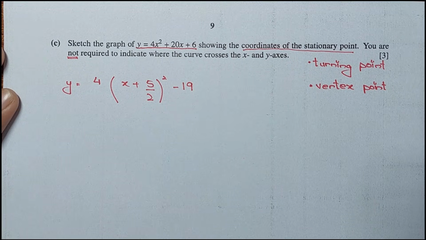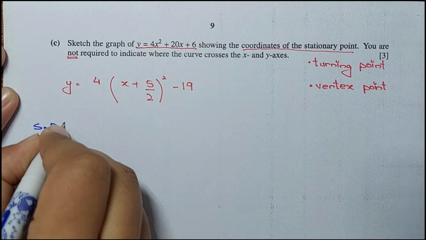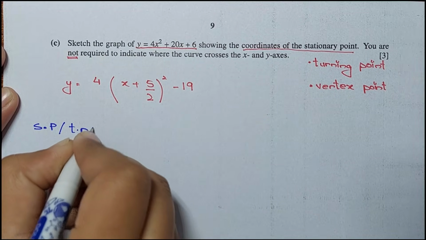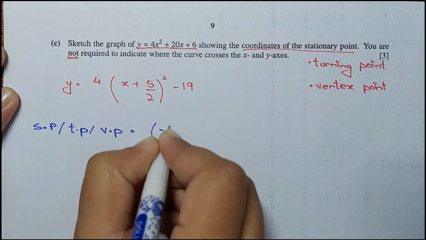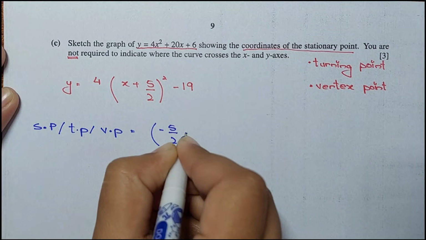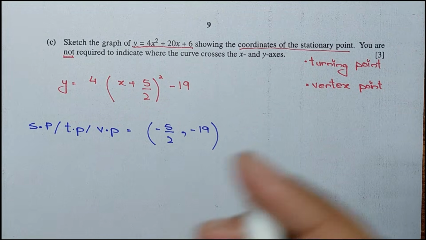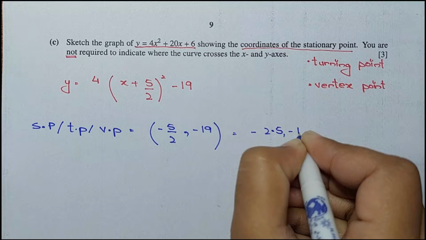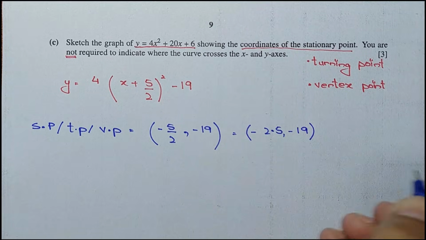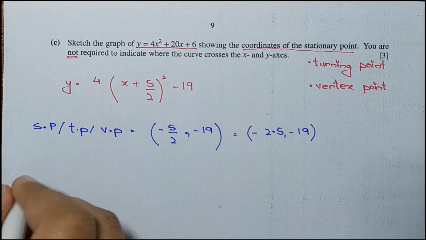Now, if I label the stationary point, it would be (−5/2, −19), and −5/2 is −2.5, so (−2.5, −19). This is the turning point, or the vertex point of the parabola.